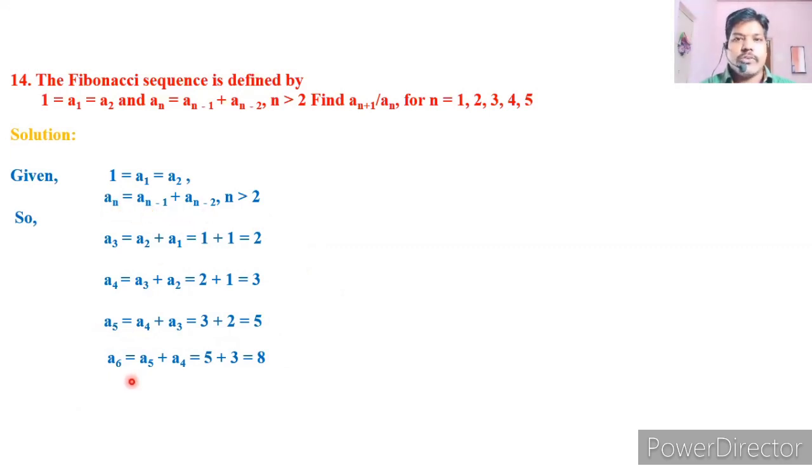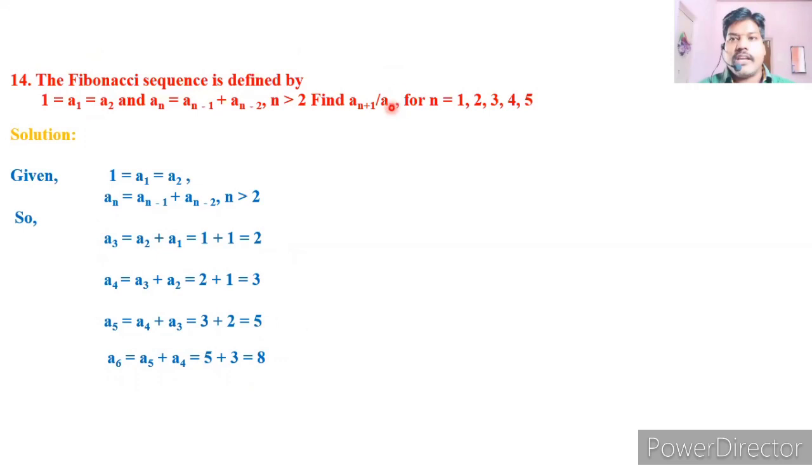A5 value is 5 and A4 value is 3. Replace these two values, 5 plus 3 becomes 8 only. So they gave A1 value and A2 value, and we calculated A3, A4, A5 and A6.